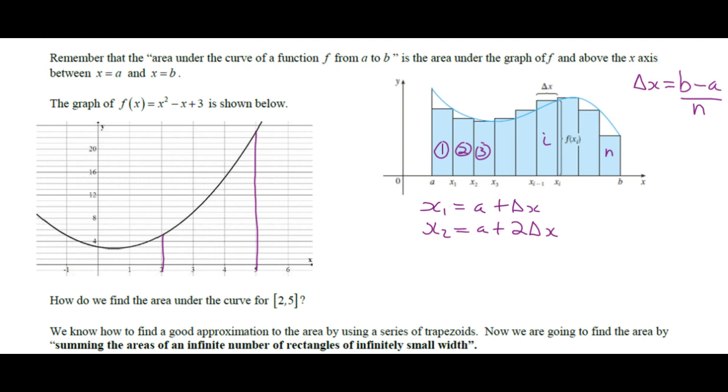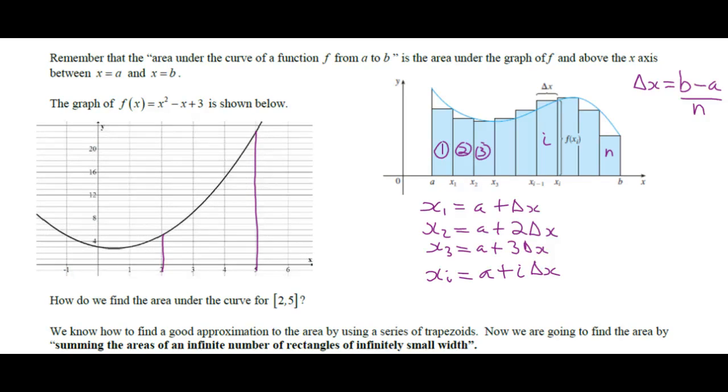So we have one change in x, or two changes in x. x3 is A plus 3 delta x. So what's x sub i? A plus i delta x, right? If we're finding the ith term, a general term, we need to add i delta x's to it.